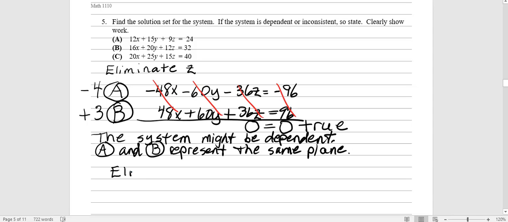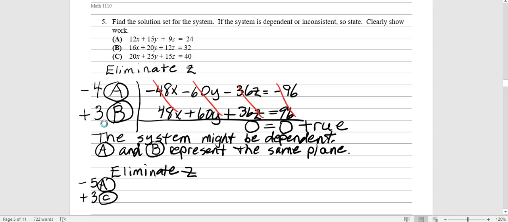Given that, I'm going to seek to eliminate z again. This time, I have to use C, and I'm going to use A and C. You just as well could have used B and C. I notice that z in equation A is 9z, and the z term in equation C is 15z. If I multiply equation A by -5, I'll get a -45z, and if I multiply equation C by 3, I'll get +45z.